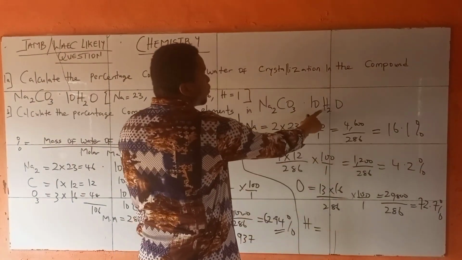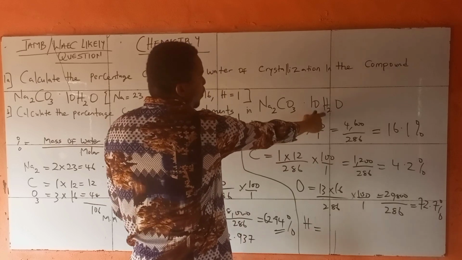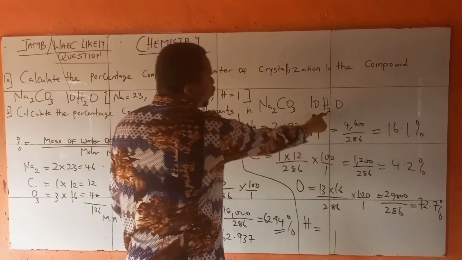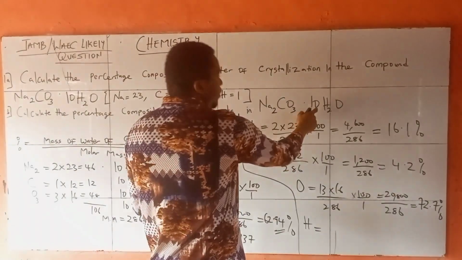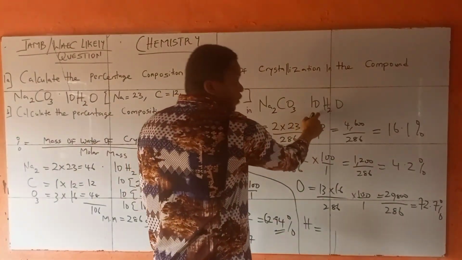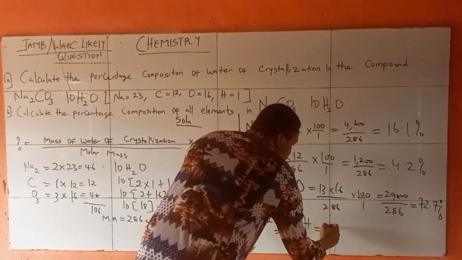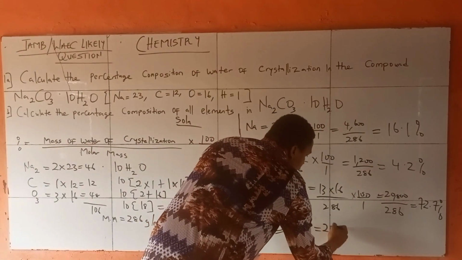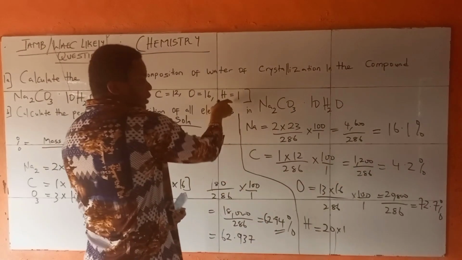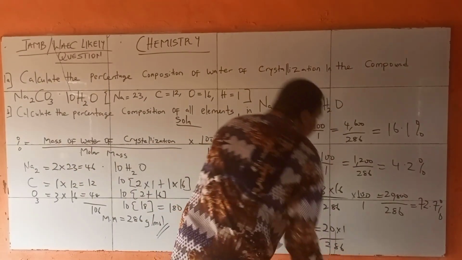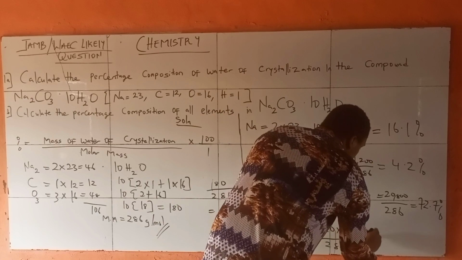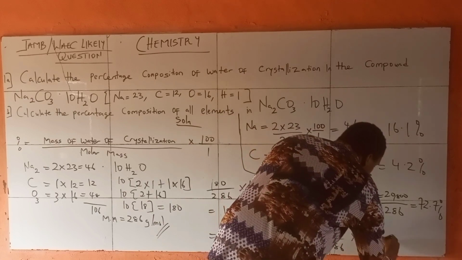Our hydrogen, we have two atoms of hydrogen here. Two atoms of hydrogen. So it might be 2 times this 10. Or, okay, better still, let's say we have 20 atoms of hydrogen because of this 10 here. 20 atoms of hydrogen, it will be 20 times 1, the mass of hydrogen, over 286 times 100 over 1.